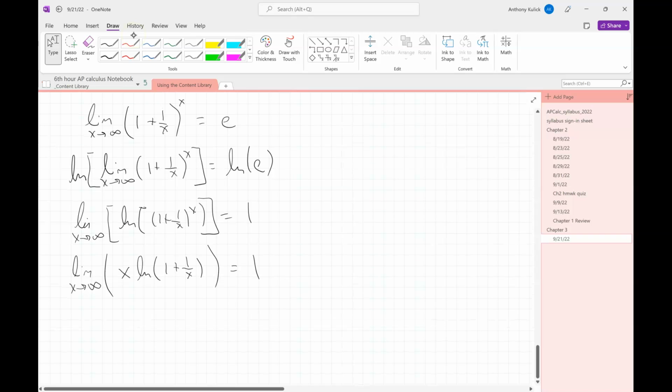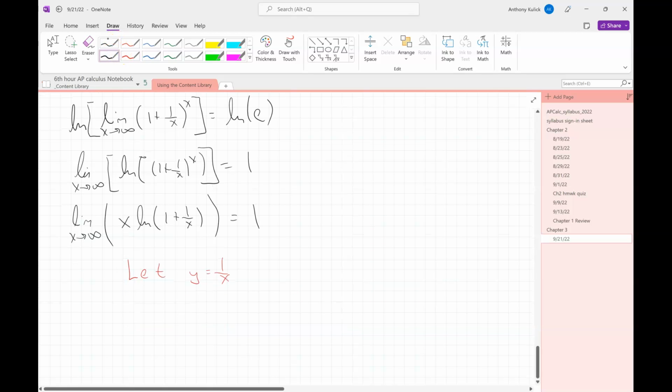Now we're going to start doing some change of variables. So I'm going to start by letting y equal 1 over x. Now when I do that, I won't have any more x's left in my equation, right?